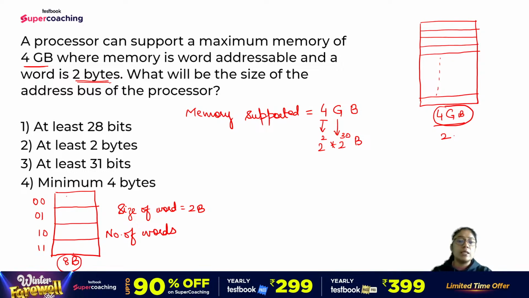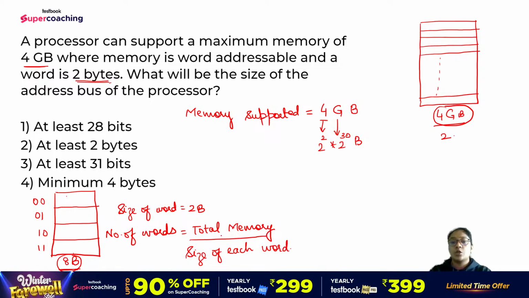How are we getting these 4? That is nothing but the total memory divided by the size of each word. Total memory divided by size of each word.